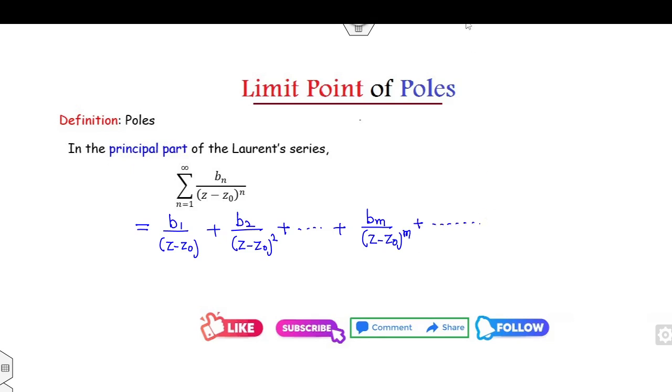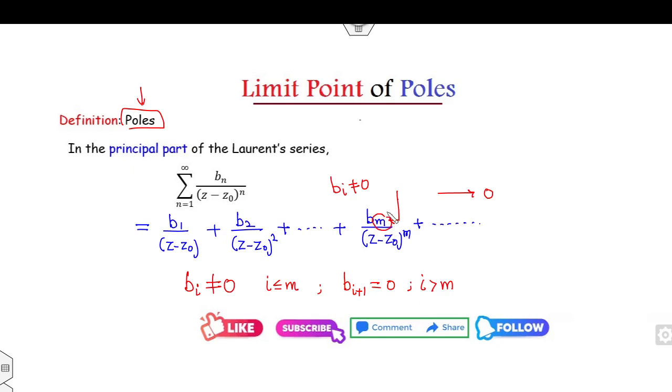We look at the coefficients bi which are non-zero. For example, if bi are non-zero up to the value of m, and b(i+1) is 0 whenever i is greater than or equal to m, that means up to this term all are non-zero, while after that the terms are 0. Then we can say the pole is of order m.